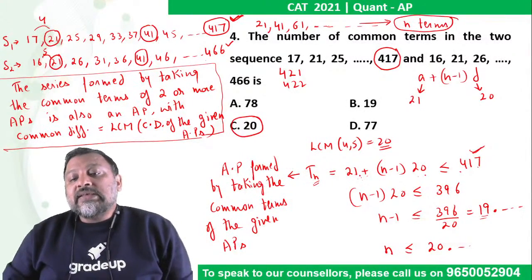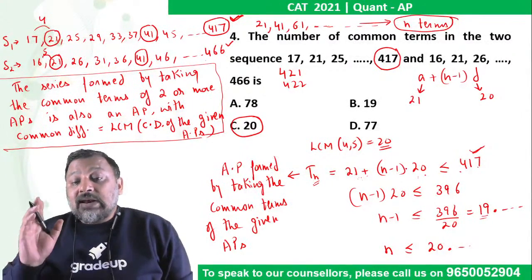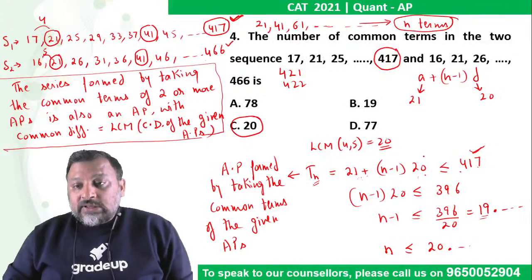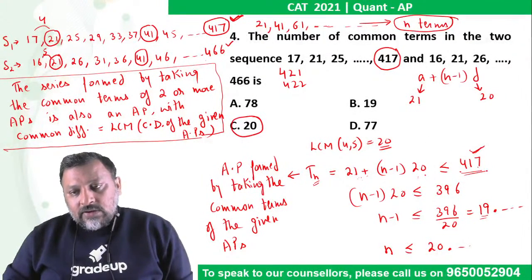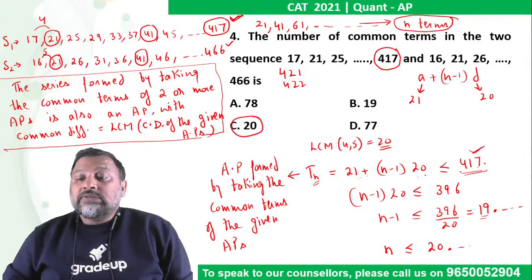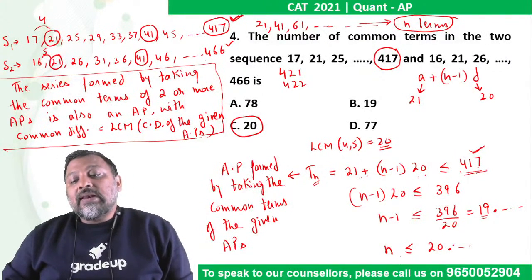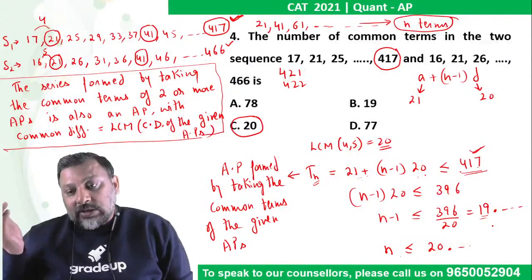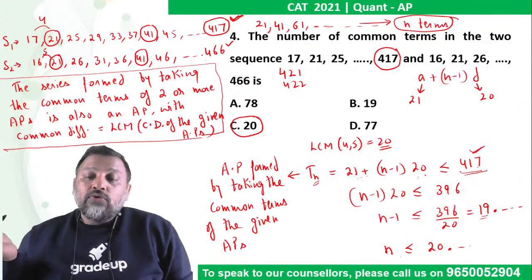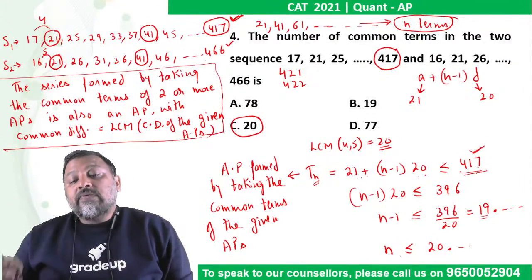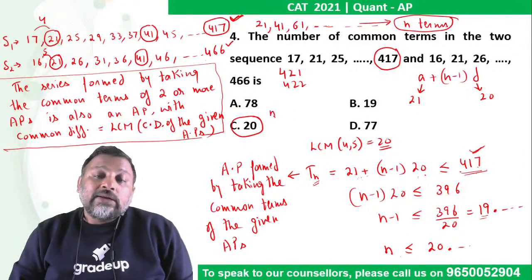So nth is the last common term, and this should be either 417 or less than 417. By solving this, I am getting n should be less than or equal to 20 point something. So can we say the value that n can take is 20?